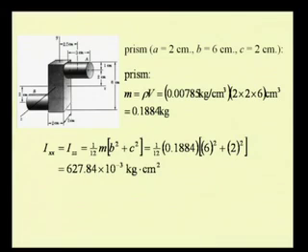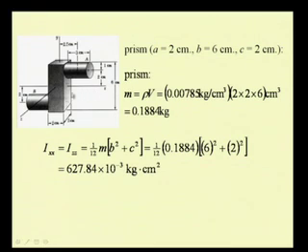So, we have the direct formulas for the second moment with respect to the centroidal axis, and for this prism the moment about the x axis and z axis is the same, and it is equal to 1/12 mass times (b square plus c square).